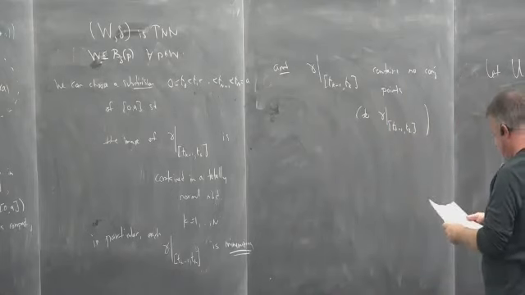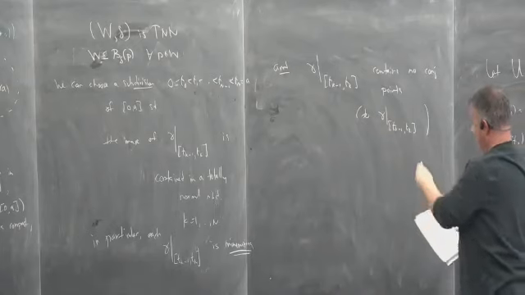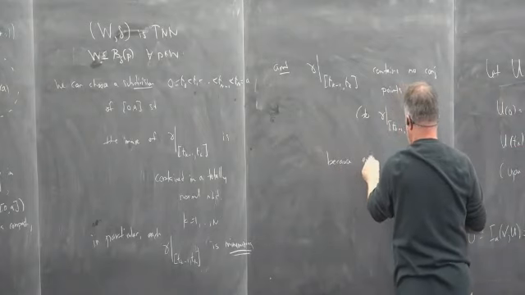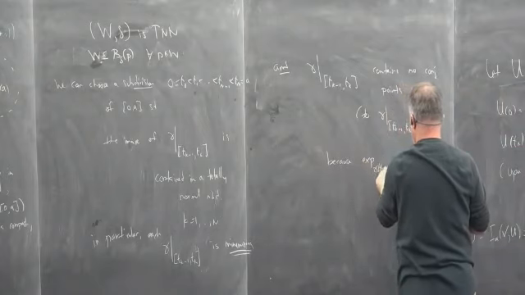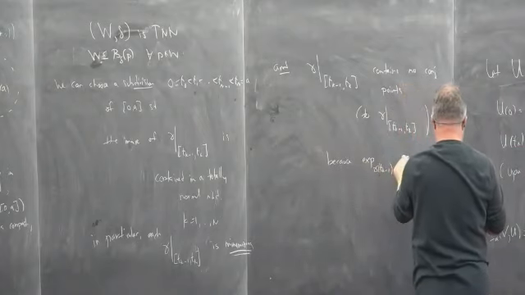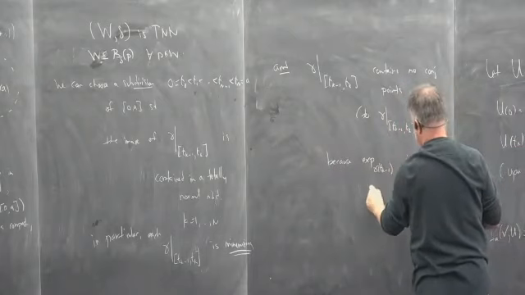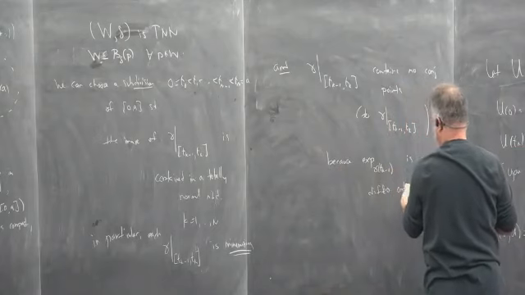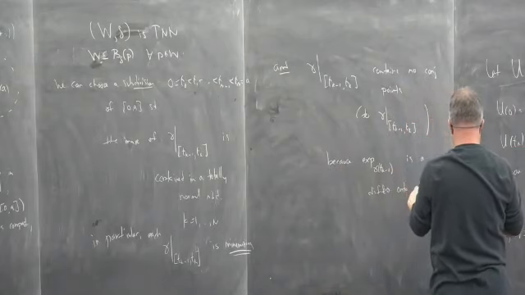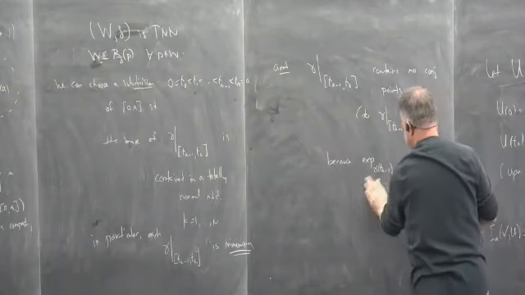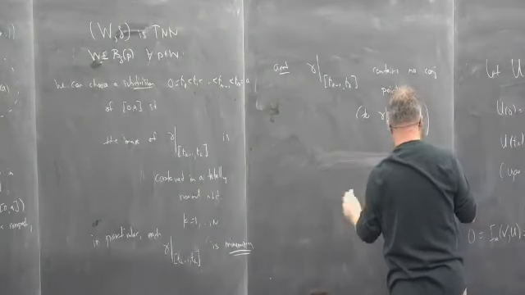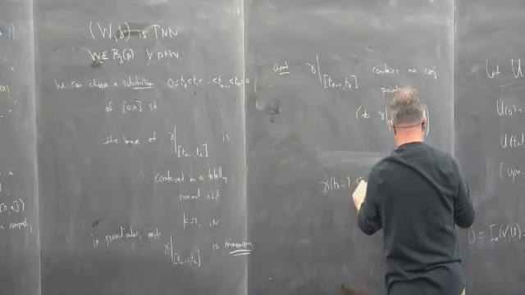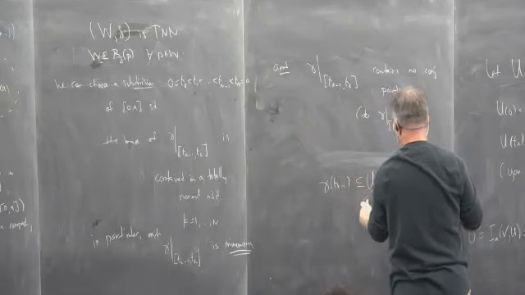Okay, so this is because exp of gamma Tk minus 1 is a diffeomorphism onto, well, let me write it like this better. Gamma Tk minus 1, this is what I wrote up there, is contained in some Uk minus 1.